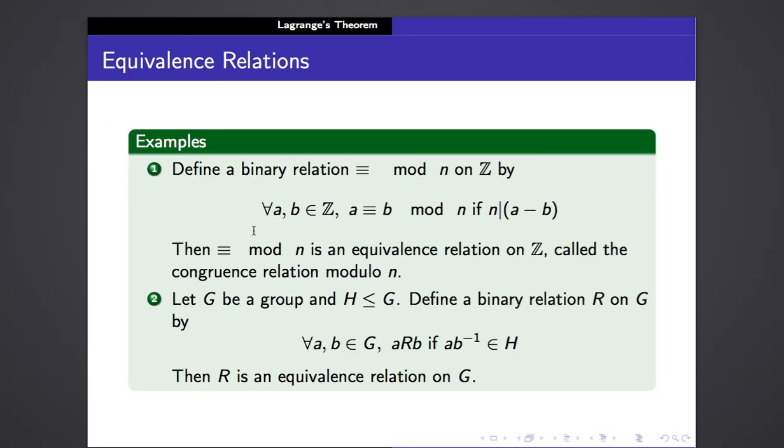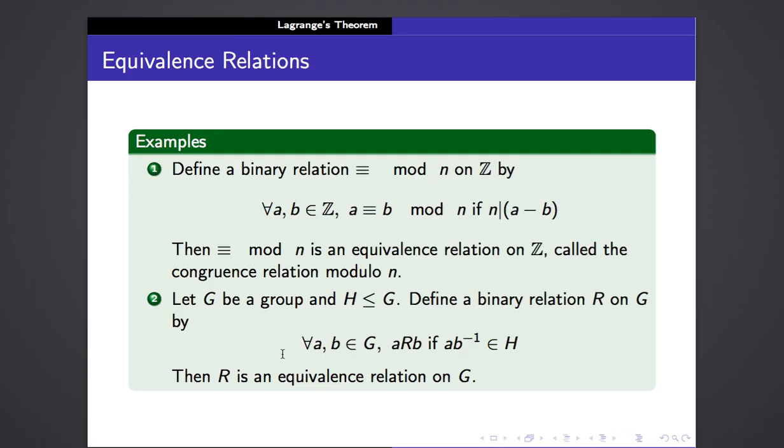Okay, let's move to the next example. Here we have a group G and a subgroup H of G. We define a binary relation R on G by the following definition.